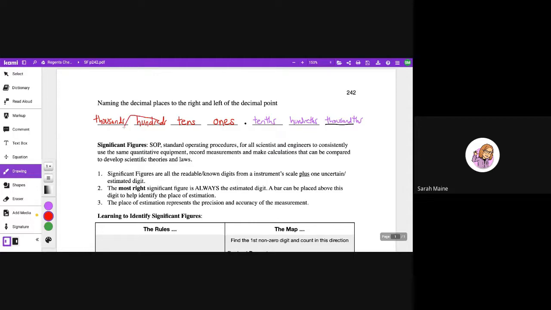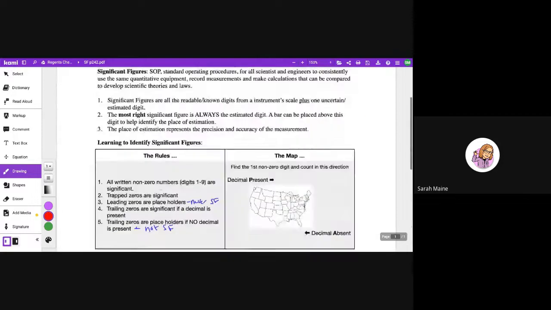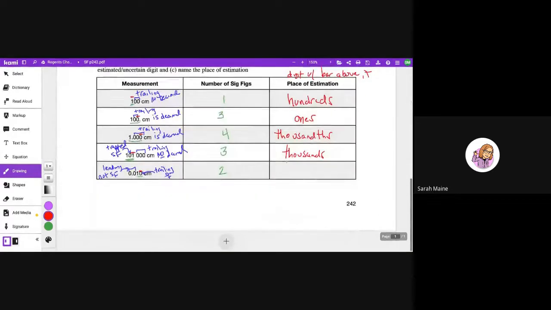And so now my place of estimation is in the thousands. So not the thousandths, but the thousands. And the last example, I take a look at 0.010, the estimated digit, the one with the red bar above it, and it's 1, 2, 3, 3 positions to the right of the decimal. So here's my decimal, 1, 2, 3, and that estimated digit is in the thousandths.